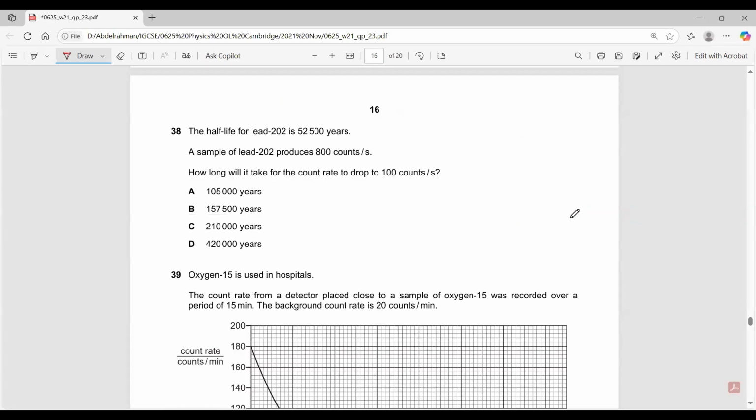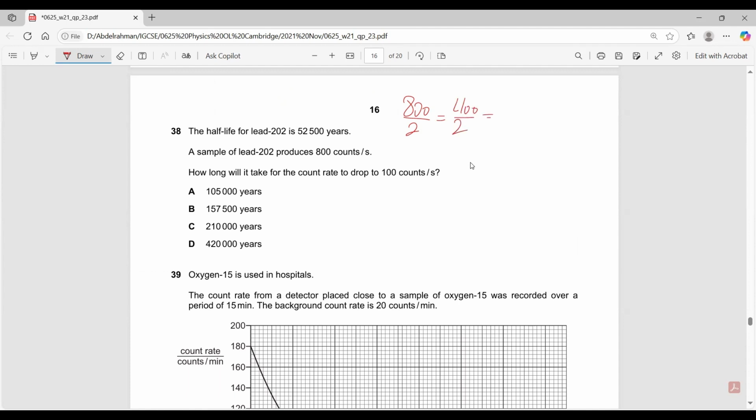The half-life for lead is 52,500 years. The sample of lead produces 800 counts. How long will it take for the count rate to drop to 100 counts per second? We do not have any background radiation, so we need to see from 800 to 100. We will divide by 2. How many times?